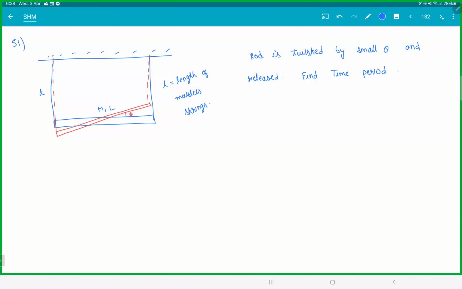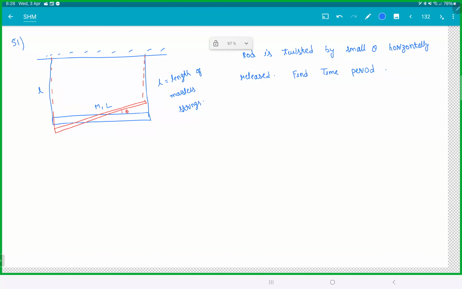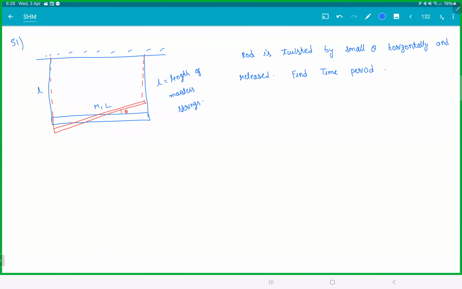No, you have to take both the strings, right? It is tight. You didn't understand how the diagram is? Sir, it's like, where the upper part is like this, if you twist a little, both strings do like this. Oh, I thought you twisted it upward. No, not like that. We twisted it horizontally. Okay, horizontally, then. Okay, 5L by G.